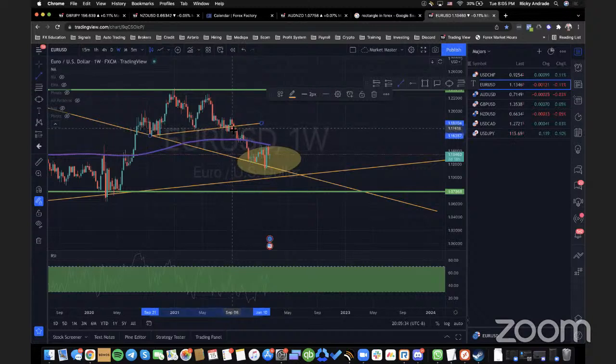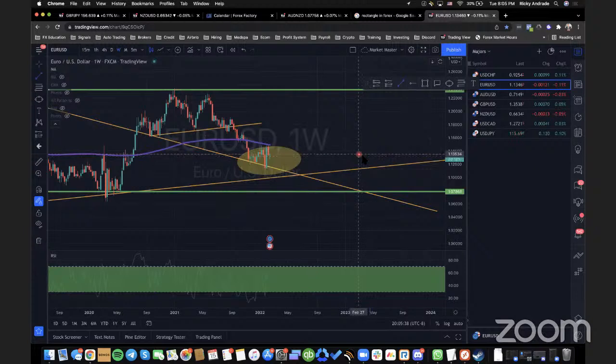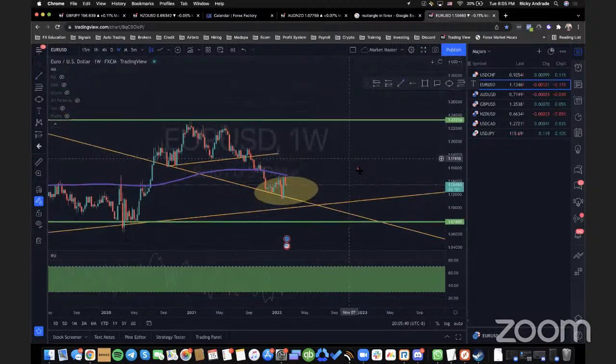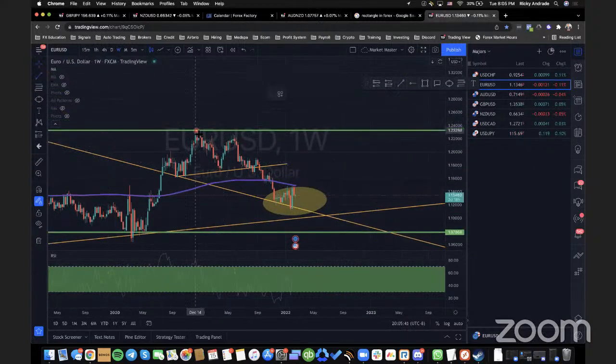I pointed this area out as my sell zone while it was doing its big drop there, just because it had this type of reversal pattern going on here. So the drop hit its target already. Dropped down perfectly to its target here. And so now it's probably about to reverse since it hit its final target.